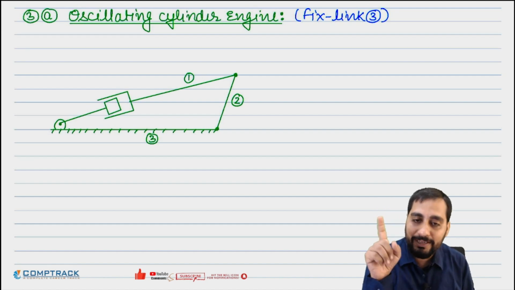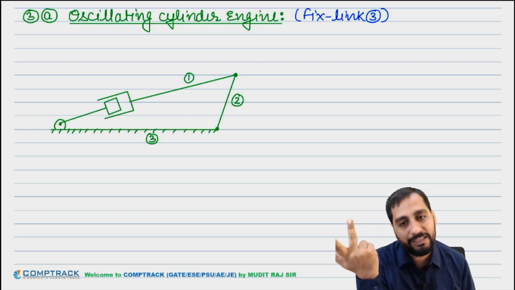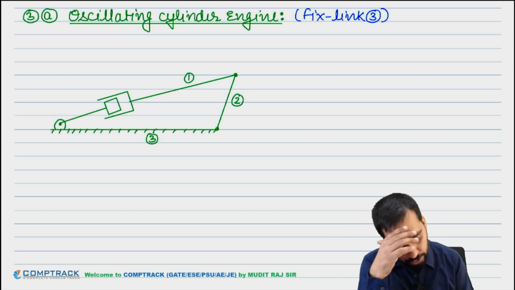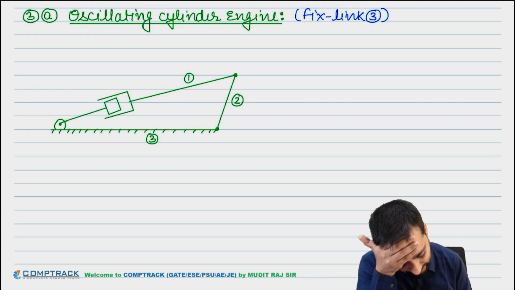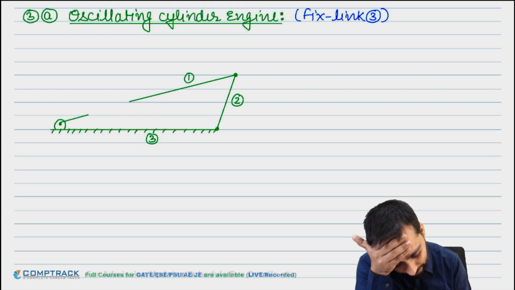So actually it was like this. But the fourth link and first link we can interchange, because the same relation of sliding will be there. So now the simple modification is done. They will make the fourth the cylinder.